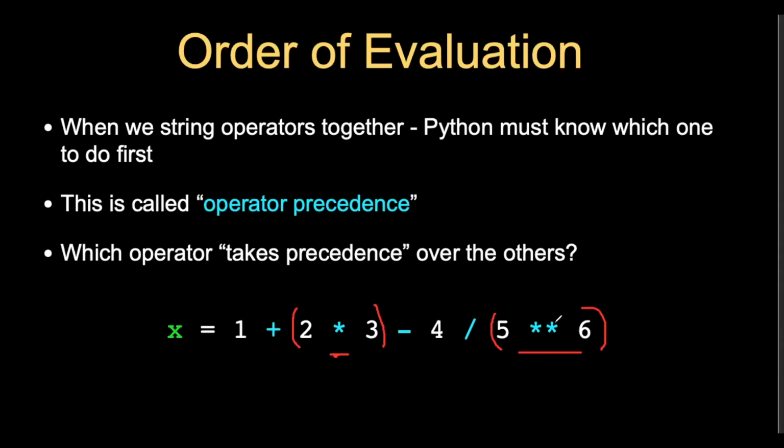Once this is evaluated, it becomes a plus and a minus, right? It doesn't matter which one is first. Plus and minus both have the same precedence. So overall, anything more advanced than plus and minus is going to have higher precedence, which means it's going to happen first, right?